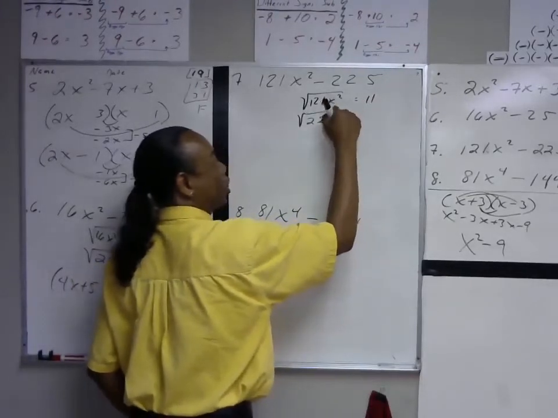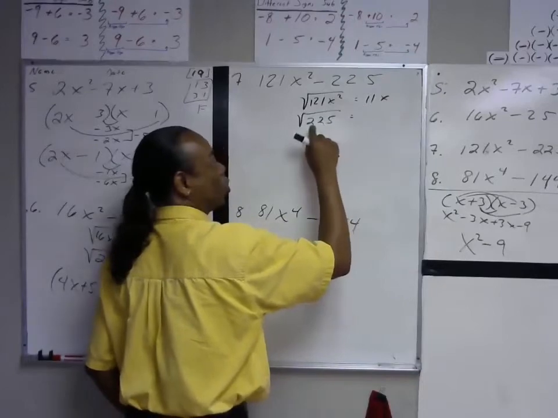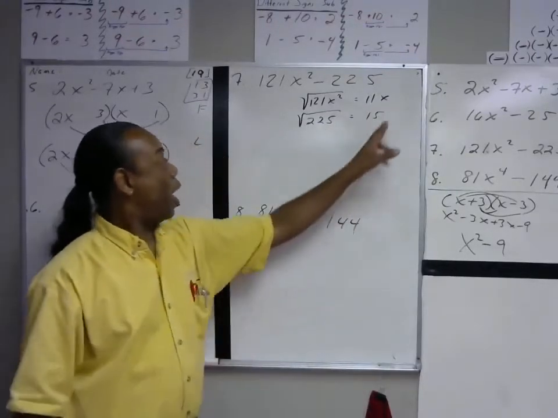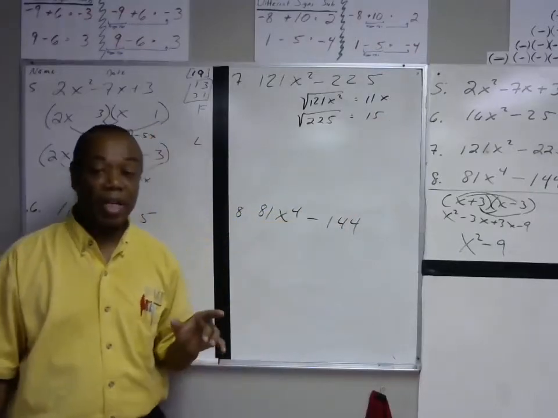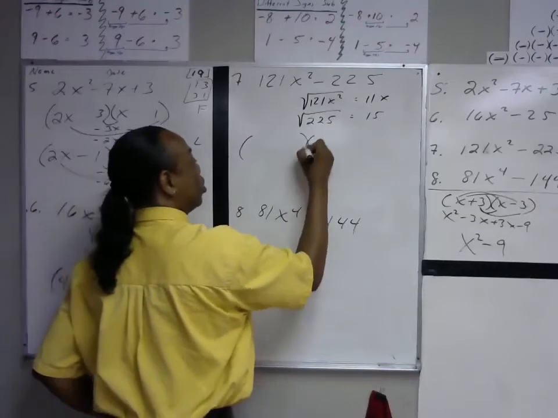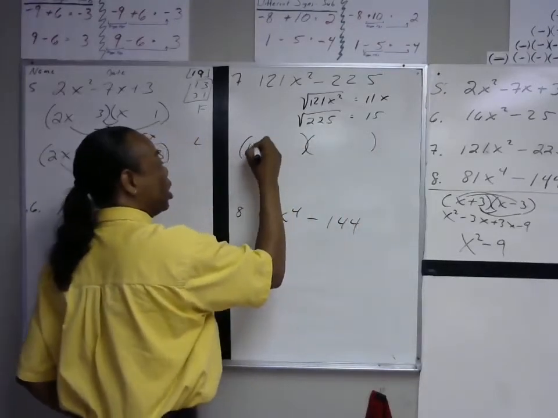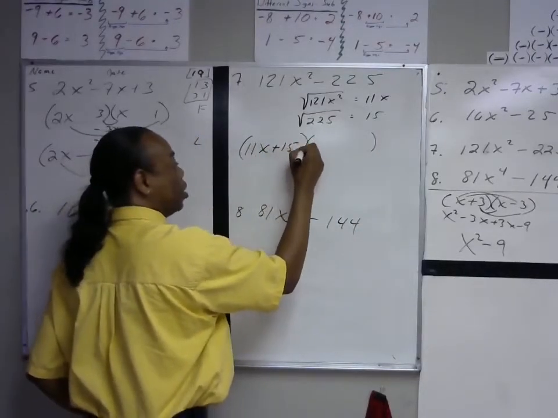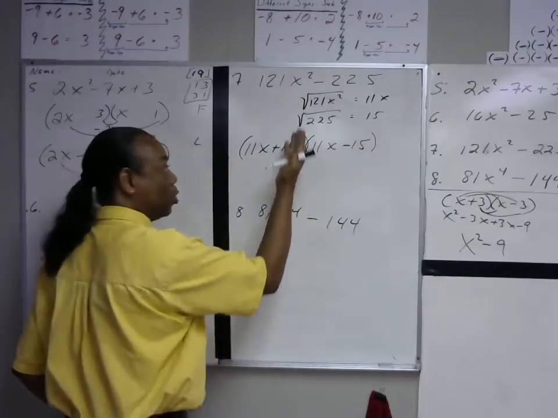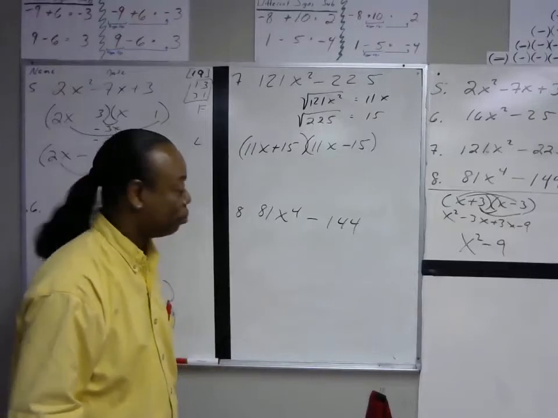The square root of x to the second power is x. The square root of 225 is 15. So I'm going to make conjugates out of my 11x and my 15. Let's write the two binomials: 11x plus 15, 11x minus 15. And that's what this used to be before multiplication.